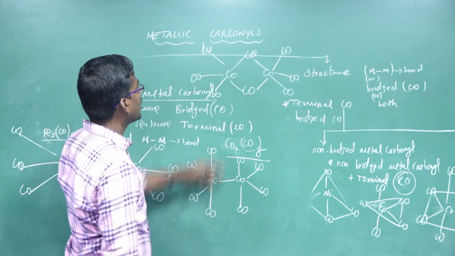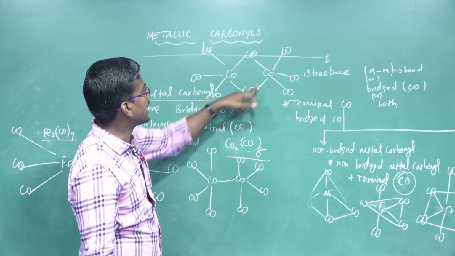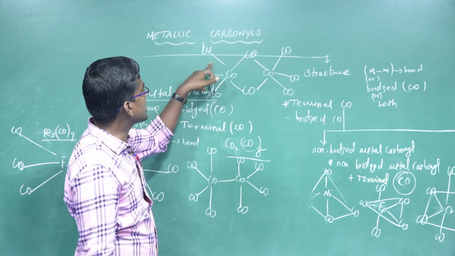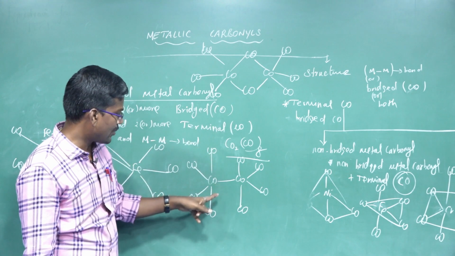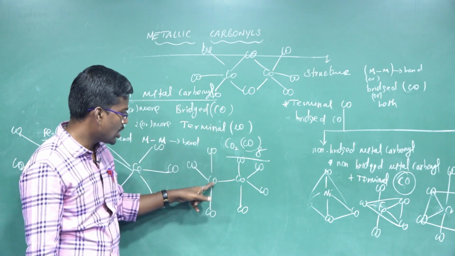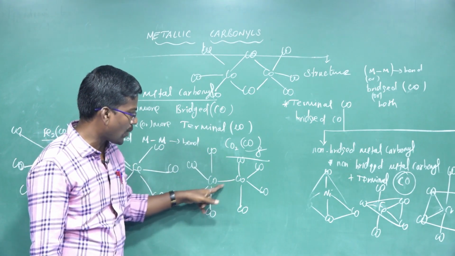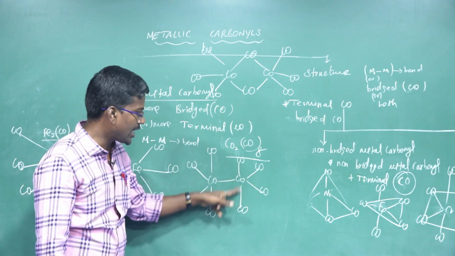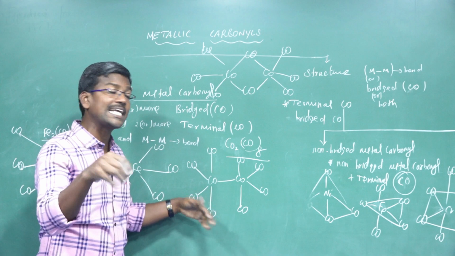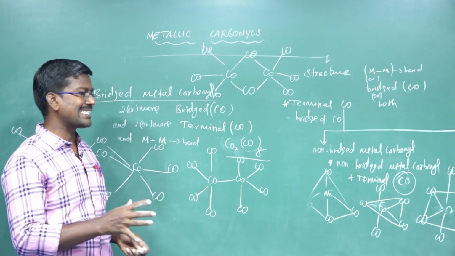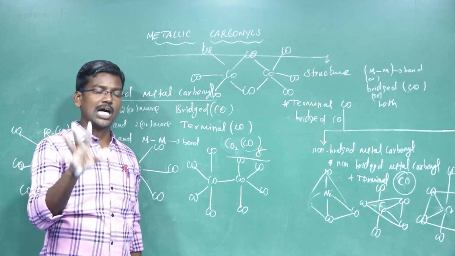So totally 2 bridged carbonyl ligands and 6 terminal carbonyl ligands are there. In this compound, the cobalt metal bond is also there, and each cobalt metal is directly bonded with 4 terminal carbonyl ligands. It is a classification of metallic carbonyls.